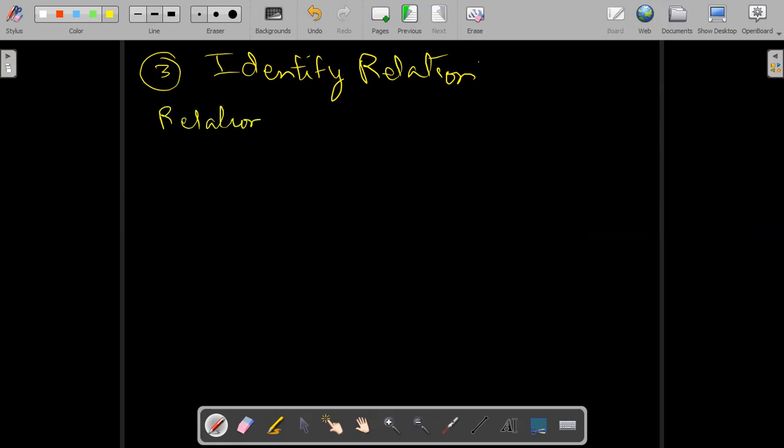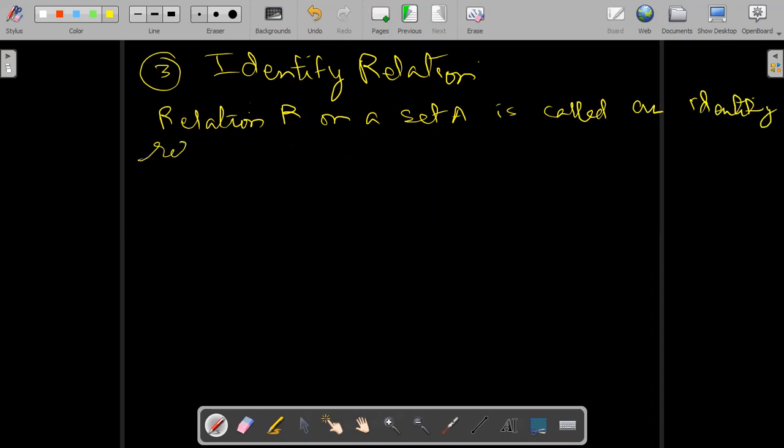The relation R on a set A is called an identity relation if each element of A is related to itself.